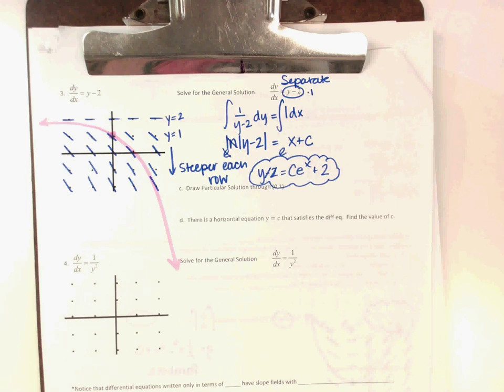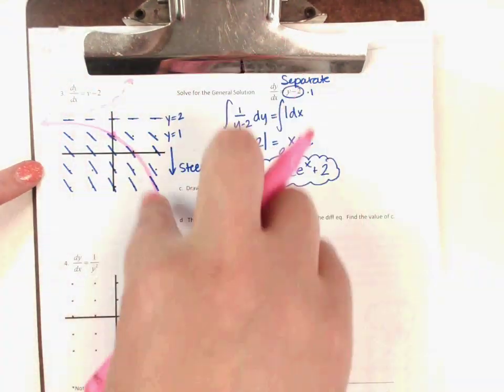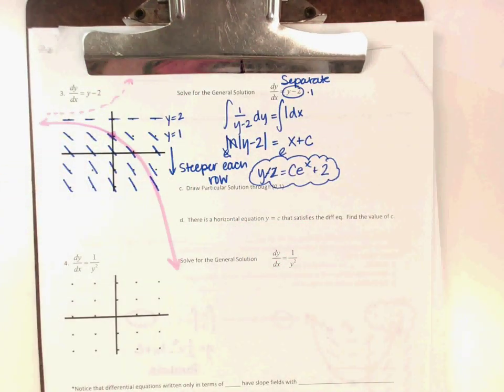But because I'm on the bottom, it's like an exponential growth graph, but that got reflected. And does it make sense why I have a plus 2 here? Do you remember how that moves the asymptote from pre-cal and algebra? So this is an exponential growth graph that's shifted up 2, but then because I'm below the axis, it's reflected down.